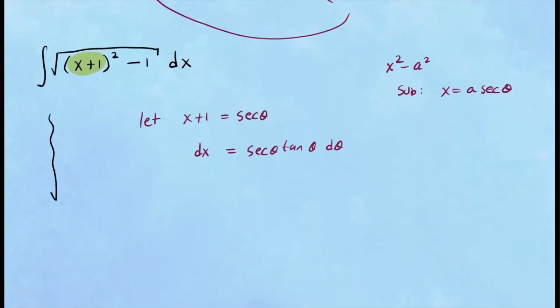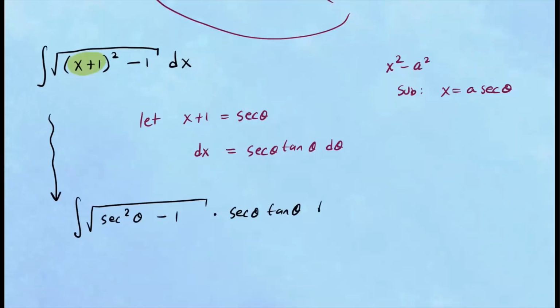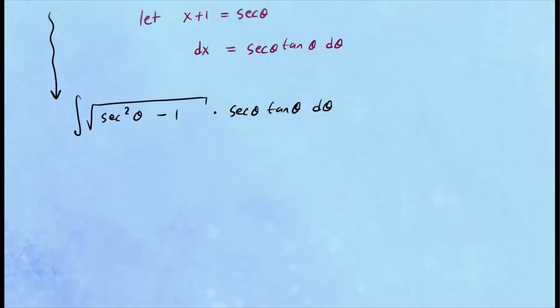So we have the integral of the square root of x plus 1 squared. Well, x plus 1 is secant, so this would be secant squared theta minus 1 times dx. Dx is secant theta times tangent theta, d theta. And now we just simplify.